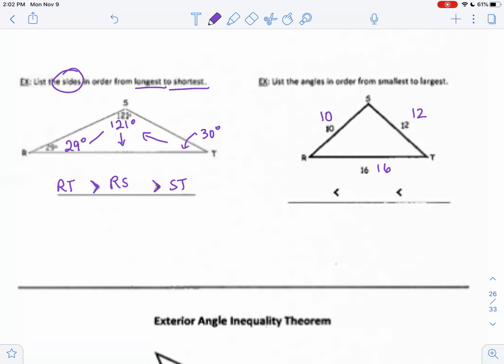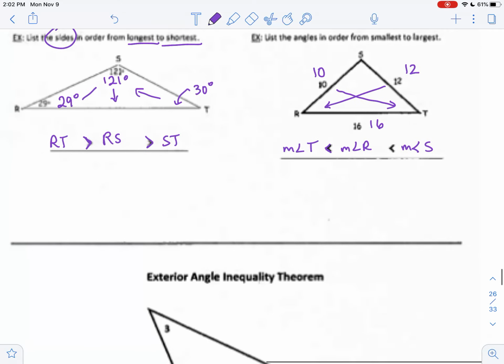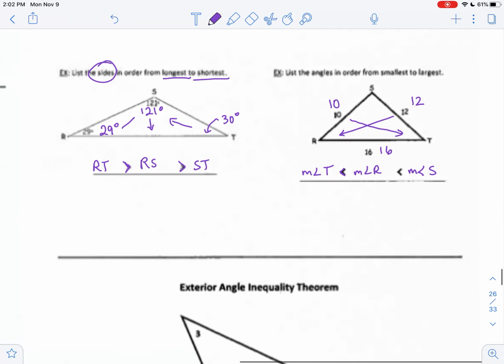If I'm looking for the smallest angle, the inequality is a less than symbol right here, then my smallest angle would be across my smallest side, which is angle T. So the measure of angle T must be less than the measure of the angle across from the medium side length, which is angle R, followed by the measure of angle S being our angle across from the longest side. So that's an example of how we would see problems related to inequalities on sides and angles.